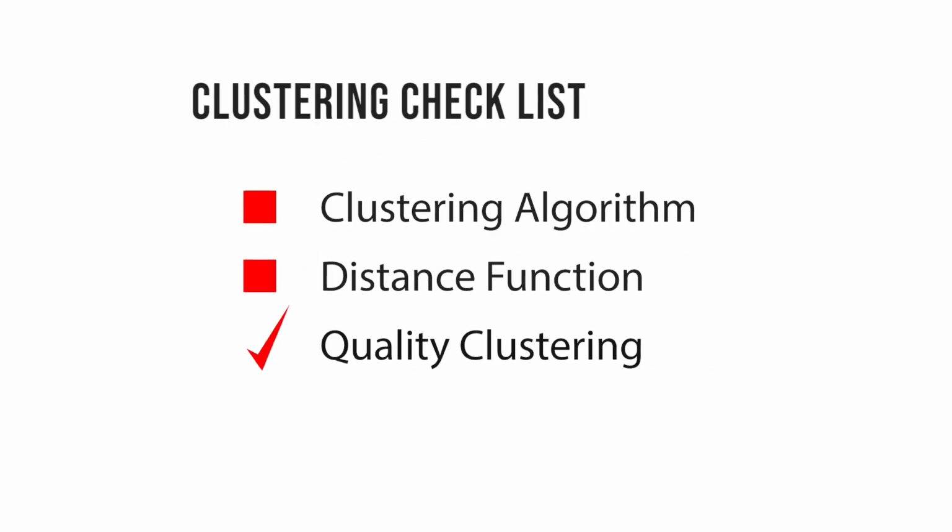To conclude this section, I would like just to give a summary of what we have been talking. So what is the recipe to perform clustering? You need a clustering algorithm, you need a distance function, you need to target 2 goals. The goals are that the intercluster distance has to be maximized, and the intracluster distance has to be minimized.